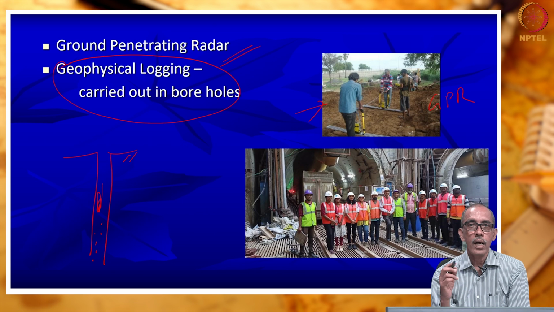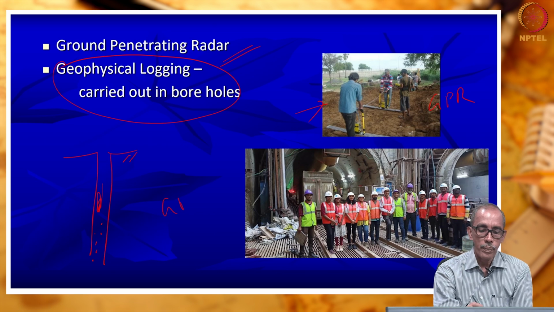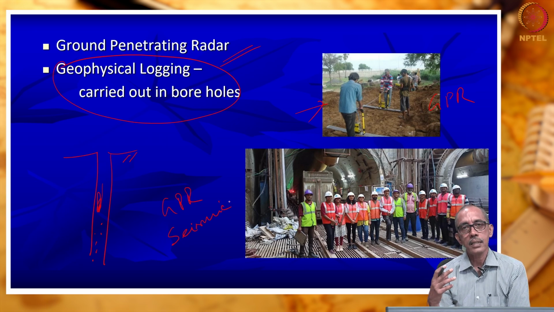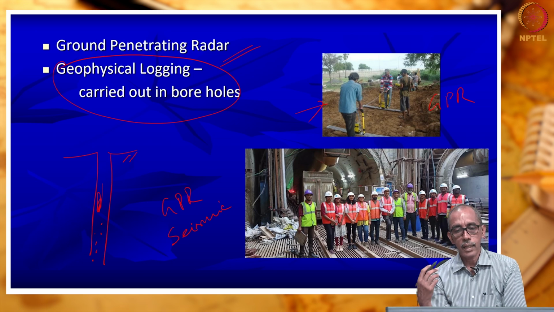The alignment was assessed by ground penetrating radar as well as seismic method, mainly to understand the presence of cavities. What are all the likely rock types which we are going to encounter during the process of tunneling? Before the commencement of tunneling work, these two investigations were carried out at this site.